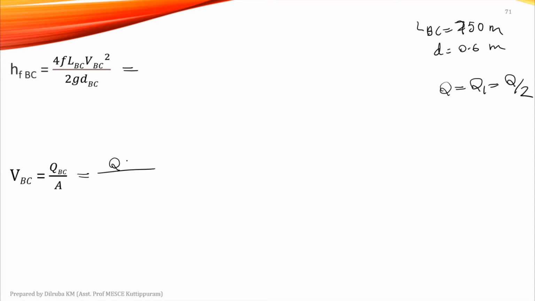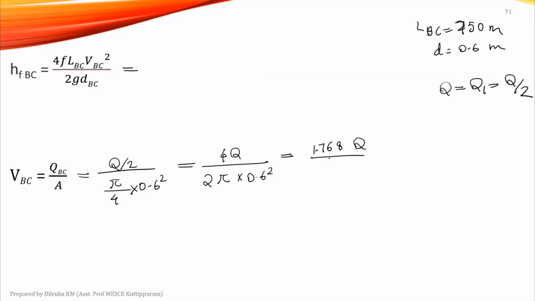So I can write Q by 2 divided by pi by 4 into 0.6 square, so 4Q divided by 2 pi into 0.6 square, which is equal to 1.768 Q. Just multiply and find out the value. So V is equal to 1.768 Q, and VBC square is equal to 1.768 Q whole square, which is equal to 3.12 Q square.